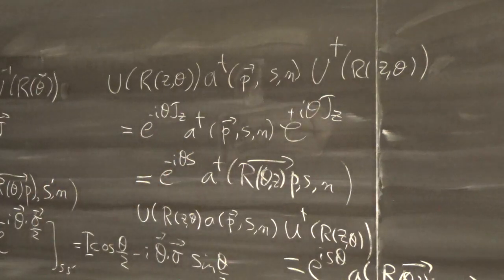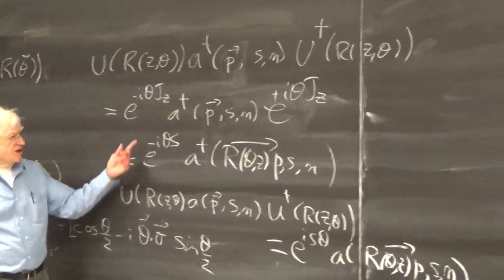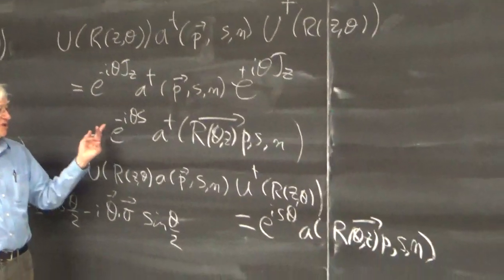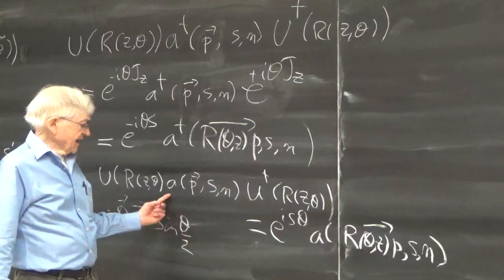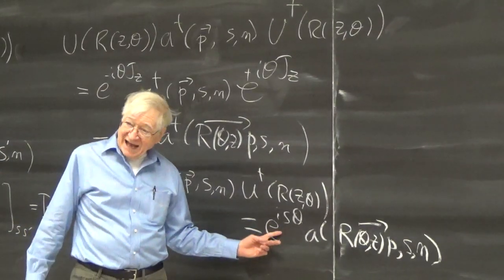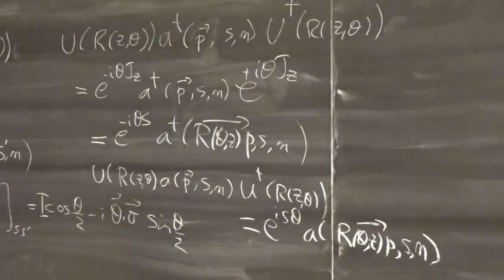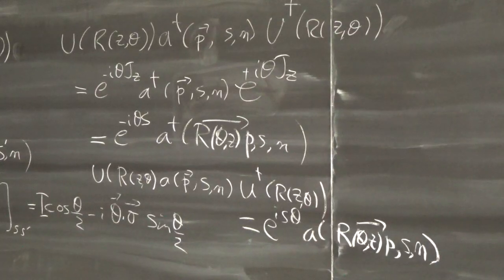So what we notice here is that creation operators under a z rotation go as e to the minus i theta s. Annihilation operators go as e to the i theta s. And that's because one is the adjoint of the other. So there's a phase change under Hermitian conjugation.